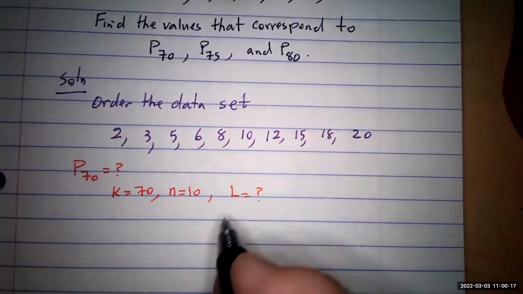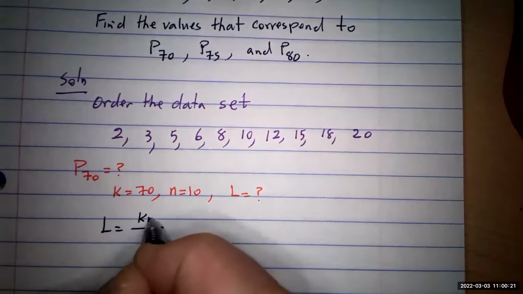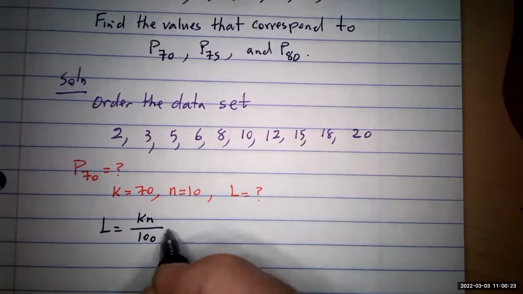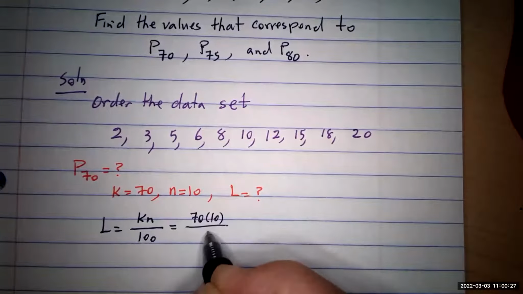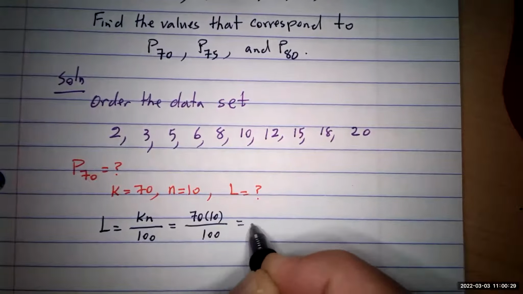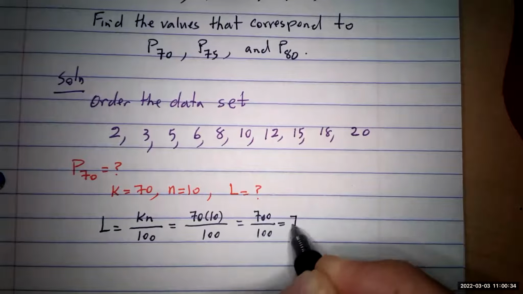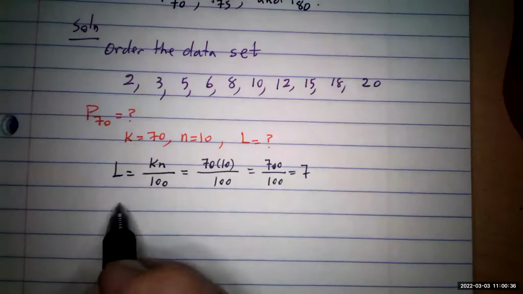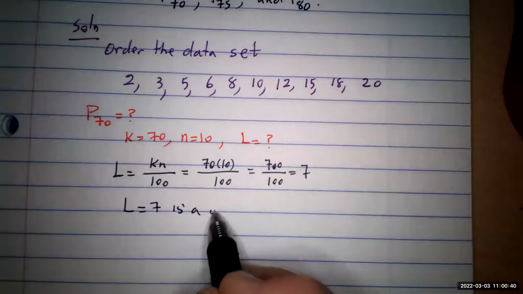The formula for L is L equal to K times N over 100. Substituting K is 70 and N is 10 over 100, that gives us 700 over 100, which is 7. So L is equal to 7, a whole number.